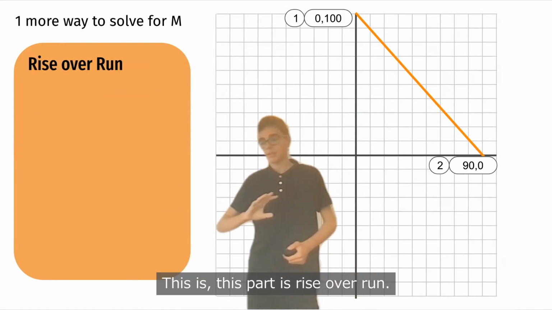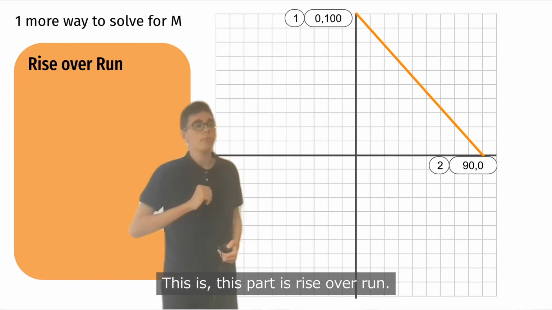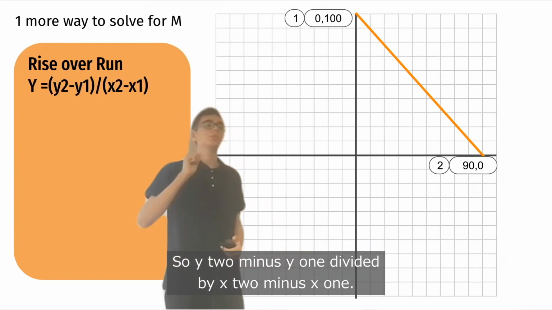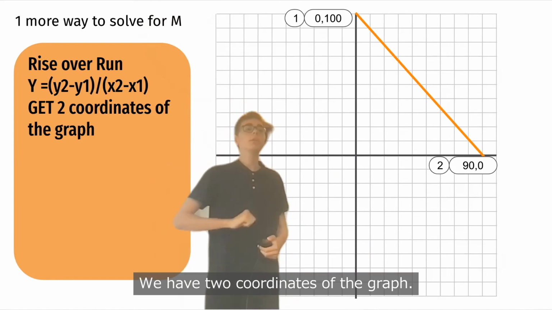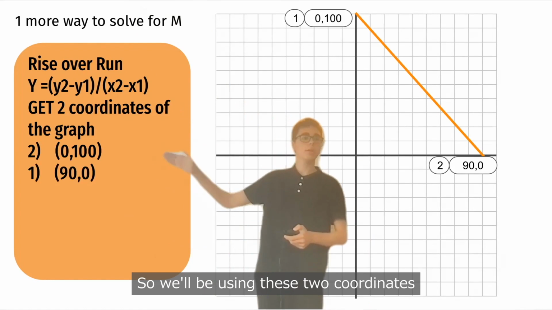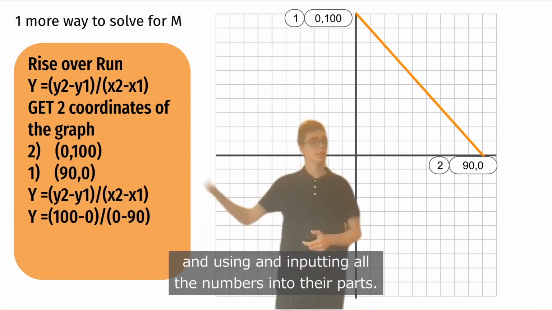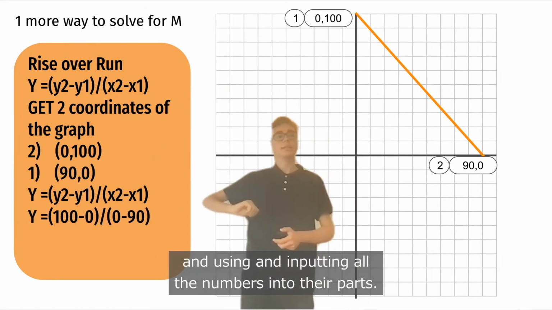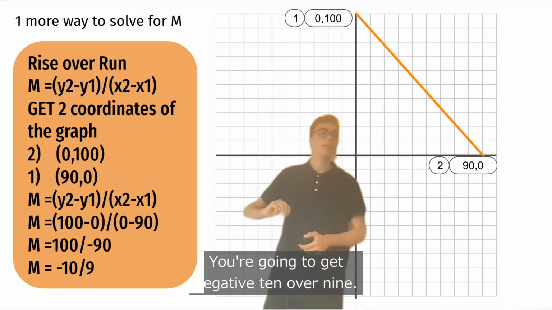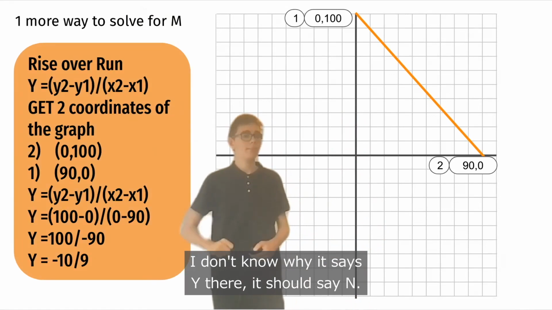This part is rise over run. So y2 minus y1 divided by x2 minus x1. We have 2 coordinates of the graph. So we'll be using these 2 coordinates and inputting all the numbers into the parts. You're going to get negative 10 over 9. I don't know why it says y there, it should say m.